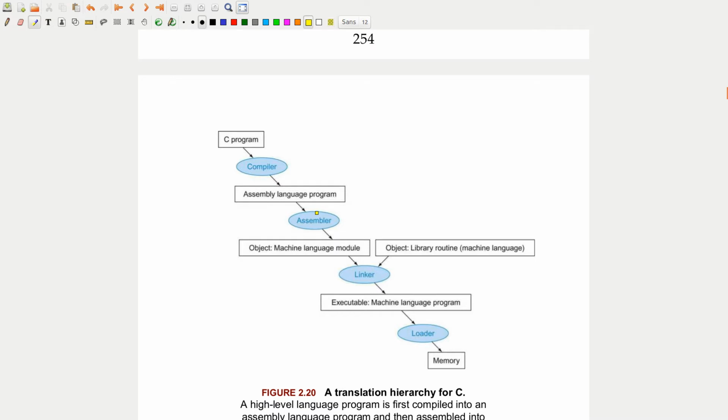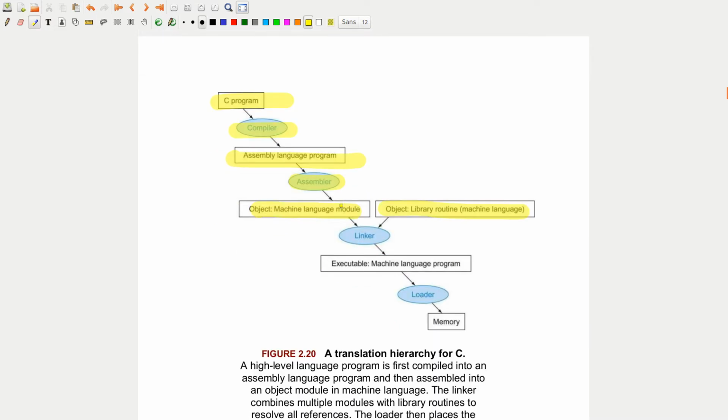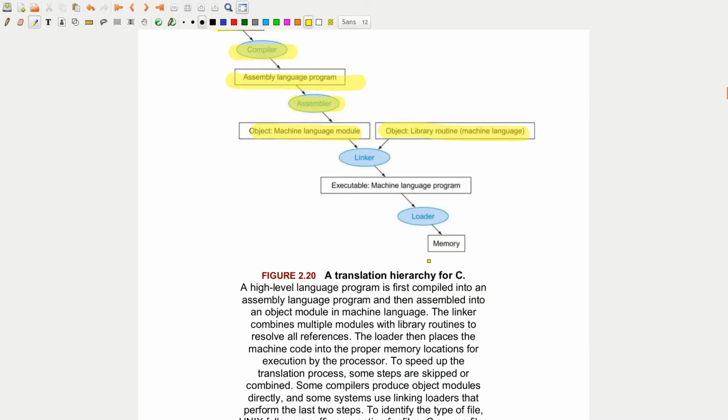Of course we have to start at the C program, where we go to a compiler. At the compiler, we do some optimizations to make some efficient assembly. The assembler itself, which really knows the instruction set, is going to create two things: an object of the machine language module and an object of the library routine in the actual machine language.